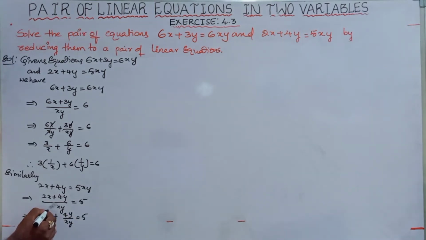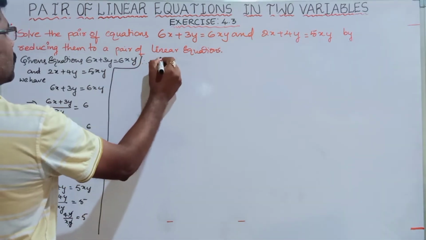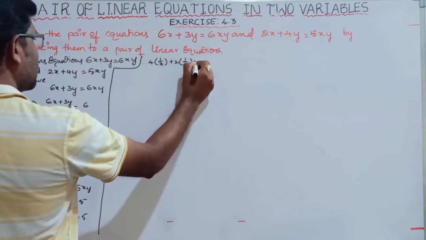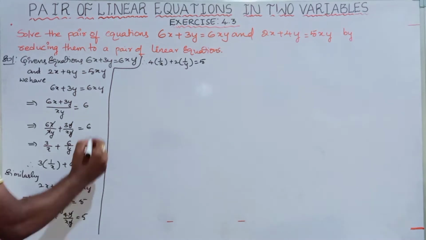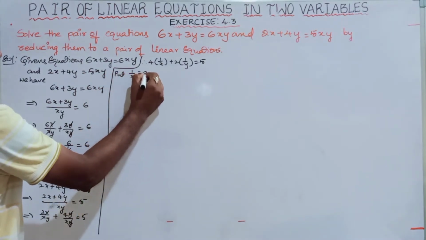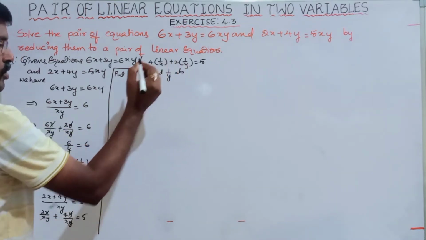Here first term x gets cancelled, second term y gets cancelled. Therefore, 4 into 1 by x plus 2 into 1 by y is equal to 5. Put 1 by x equals a and 1 by y equals b.